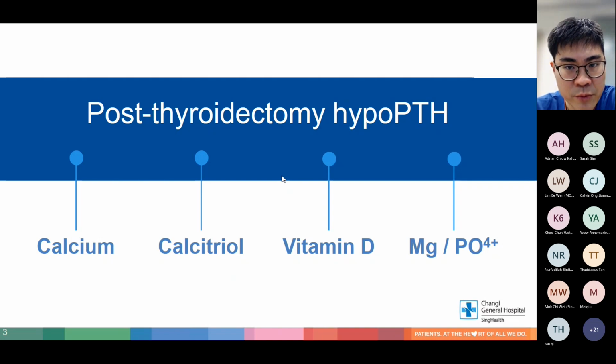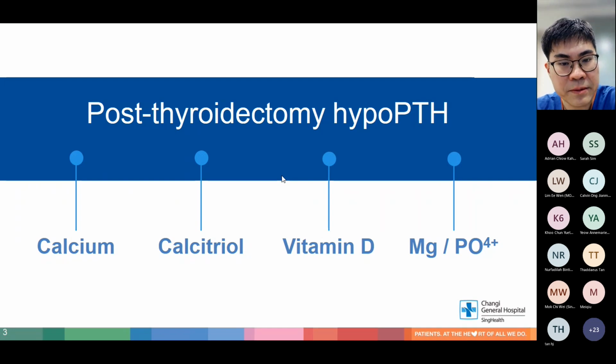On top of it, things that we do tend to ignore sometimes are the other electrolyte levels. This does come into question, because magnesium and phosphate have a significant role in calcium homeostasis. For instance, magnesium is required for the production of PTH and therefore calcium level, so if the magnesium level is low, this will further confound the hypocalcemia.